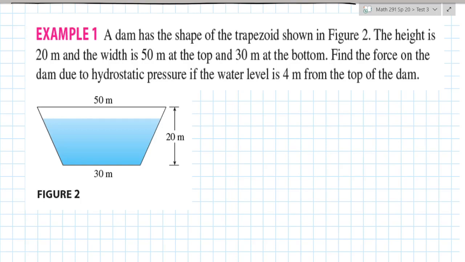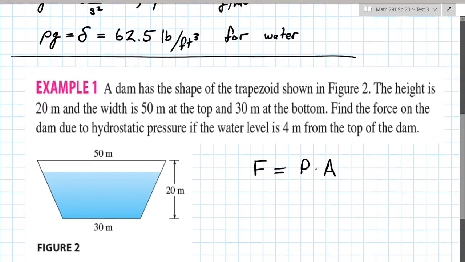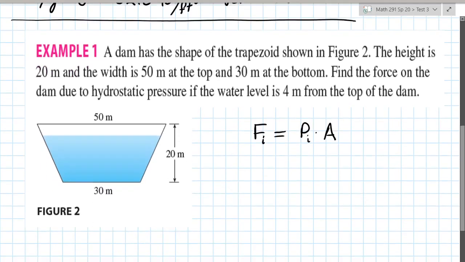So what we want to do is think about force equals pressure times area from above. That is, we want to think about the force of the ith strip, which would be the pressure of the ith strip times the area of the ith strip.